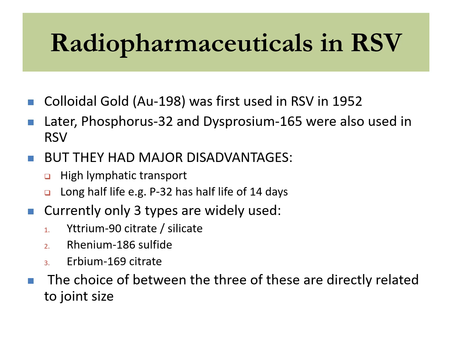So now, currently there are three types that are widely used. First is yttrium 90 citrate or silicate, rhenium 186 sulfide, and also erbium 169 citrate. The choice between the three of these is directly related to the joint size.